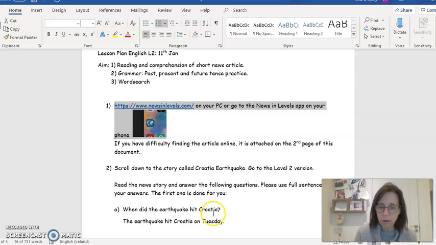When did the earthquake hit Croatia? So the answer I want is: the earthquake hit Croatia on Tuesday. Now, I don't want to just see Tuesday in the answer. I want you to write a full sentence, okay? And that includes your capital letters and your full stops, and capital letters for the days of the week and for countries, as well as the ones at the beginning of the sentence. All right?